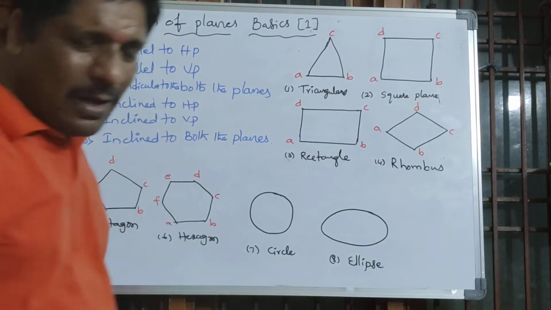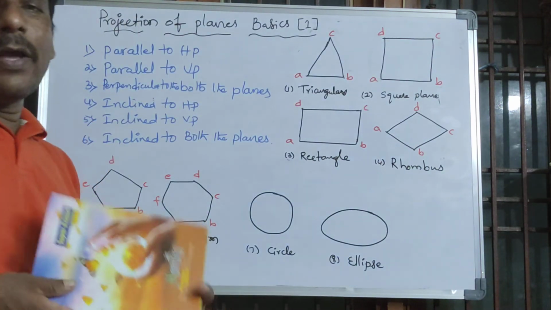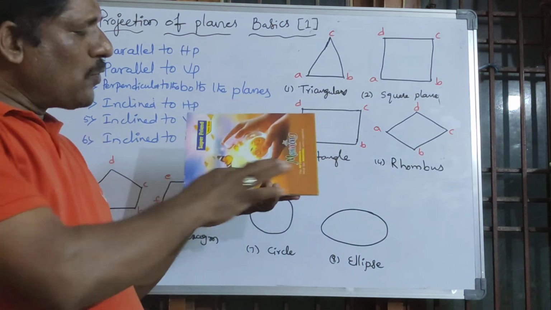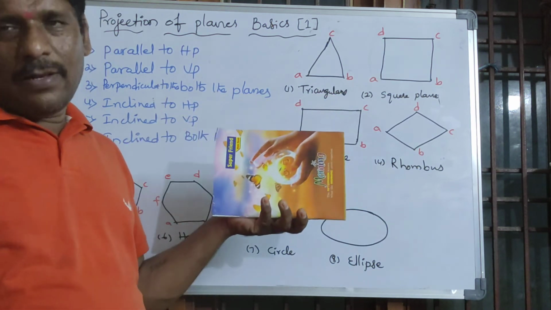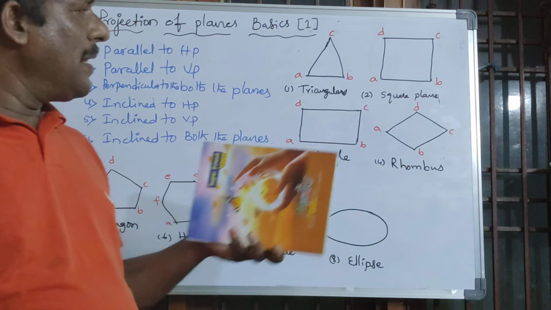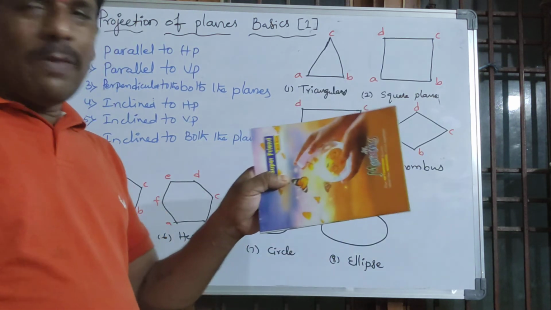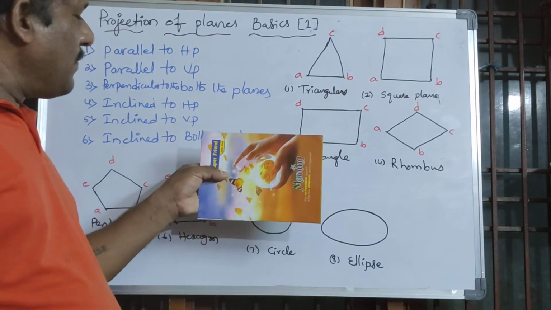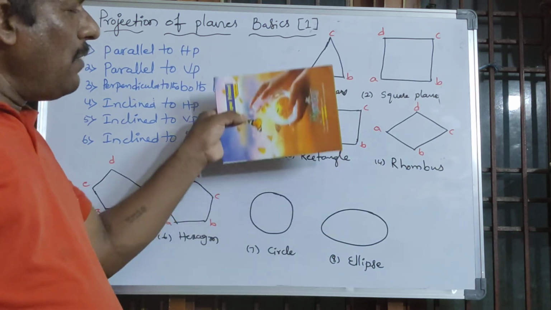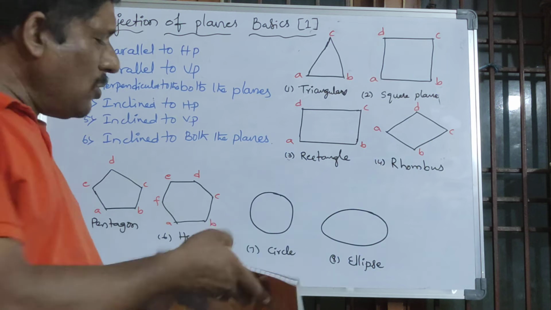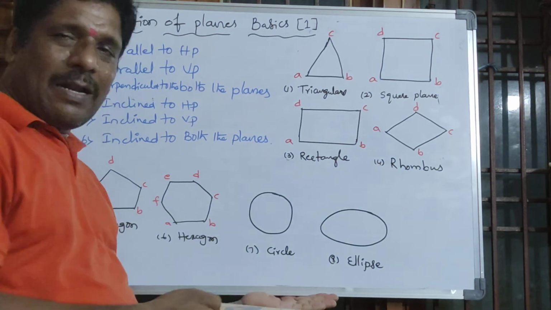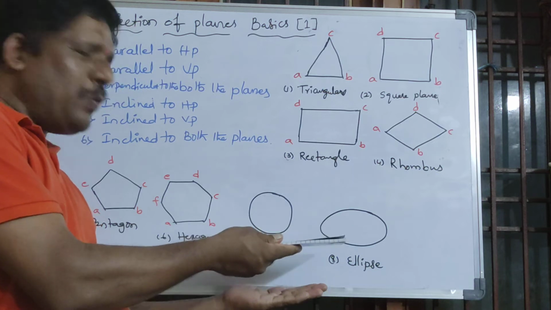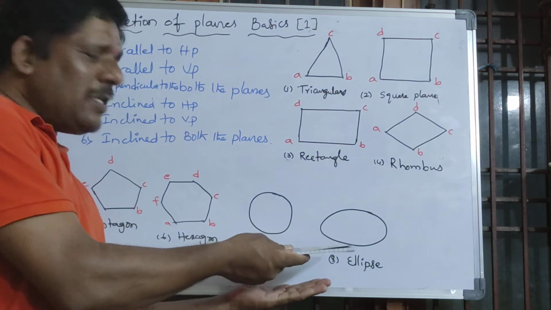Now we will see the different positions of the plane. Assume that this is the plane, either a square plane or a rectangular plane. If you keep it like that, it is parallel to VP. Assume that the ground is here, the horizontal plane. If you keep the plane parallel to HP, the position is like that.